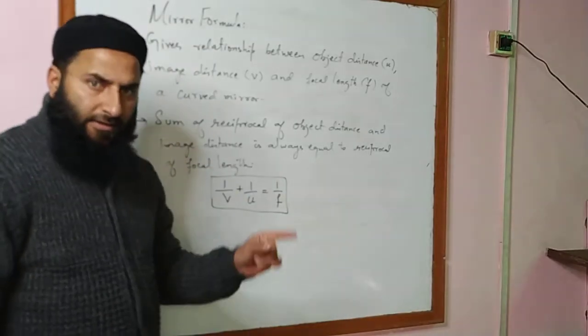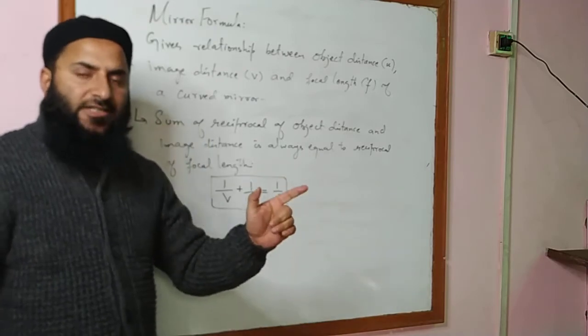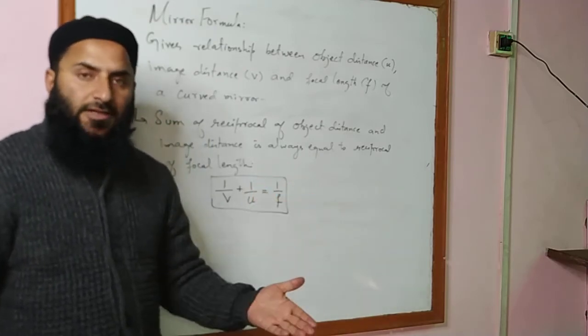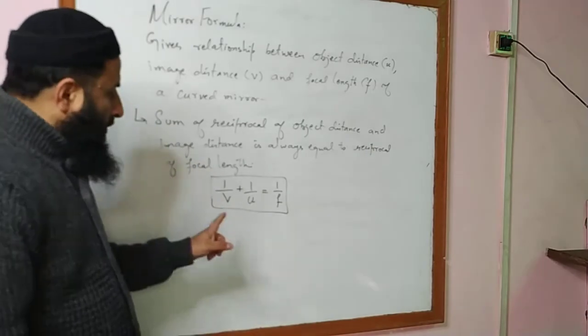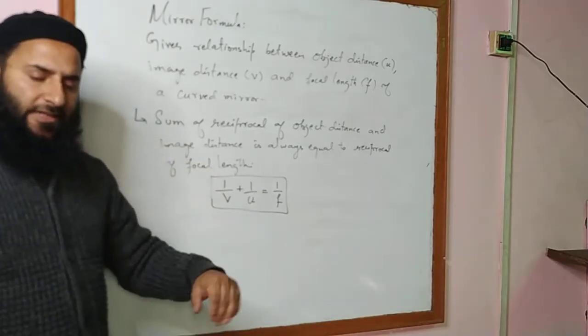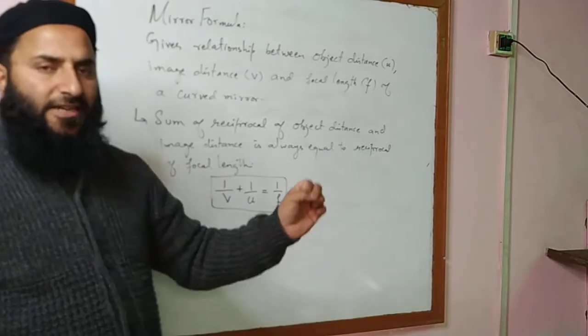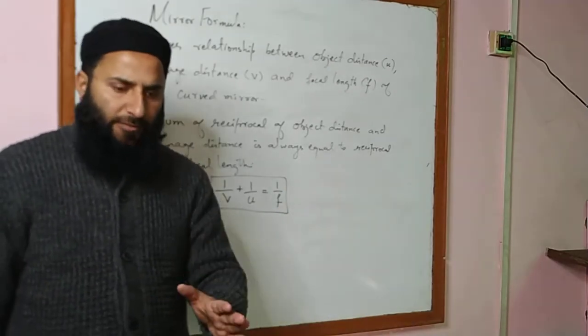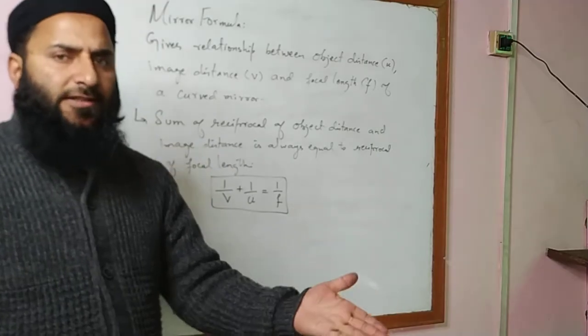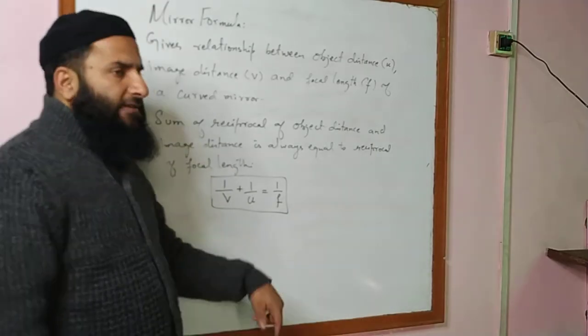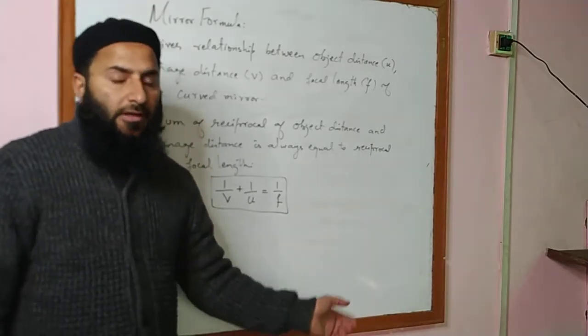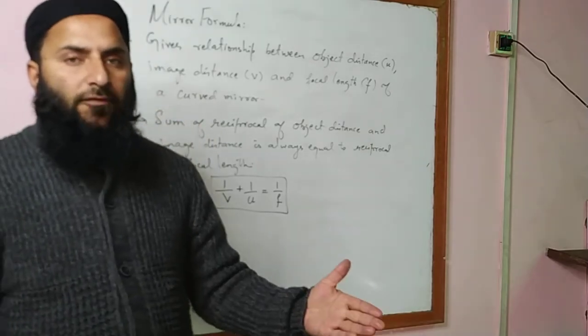It says the sum of reciprocal of object distance and image distance is always equal to the reciprocal of focal length. Knowing the value of two variables, it is easy for us to calculate the value of the third variable. If we know object distance and image distance of a curved mirror, we can calculate its focal length. Or if we know the focal length and object distance, we can calculate the image distance.